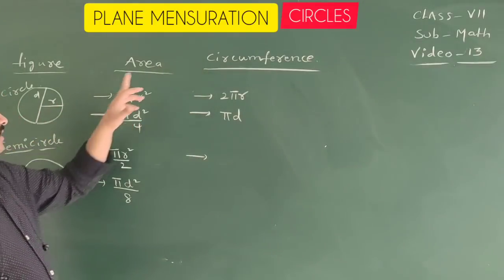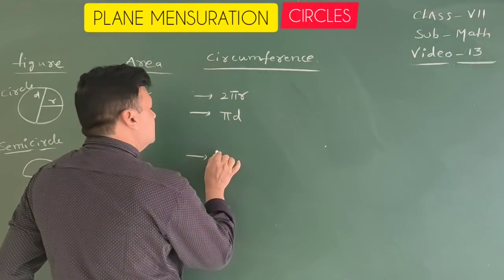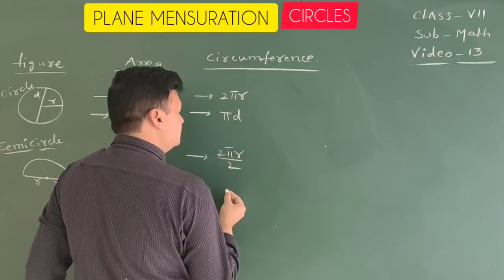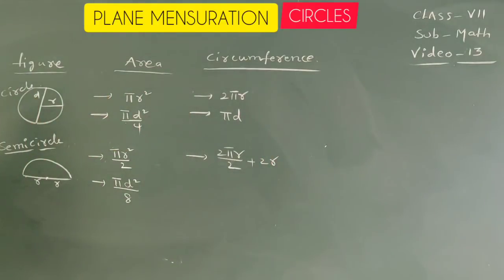For the circumference of the semicircle, here 2 pi r by 2 plus 2r. 2 pi r is the length of the arc, so 2 pi r by 2 for the semicircle. Then we have 2 types of r.